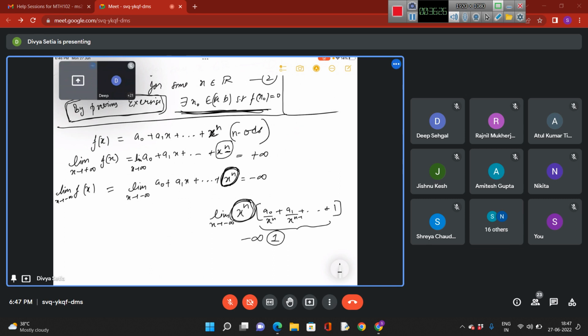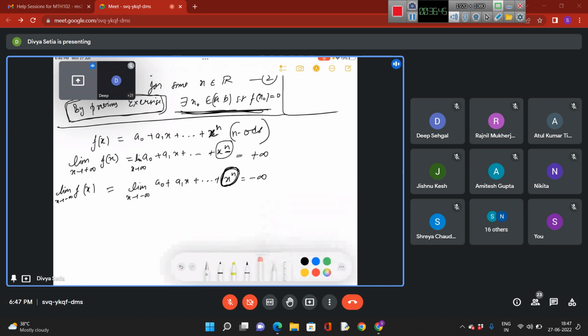And it's a bounded thing, so this should tend to minus infinity. Fine. This is how I'm computing the limit. That's why the highest degree just matters. This is an intuitive idea.